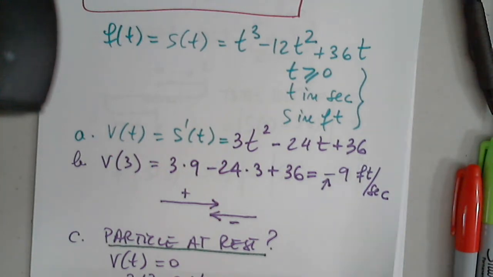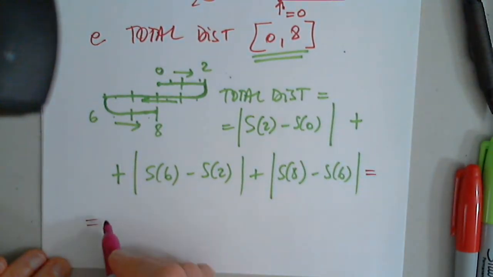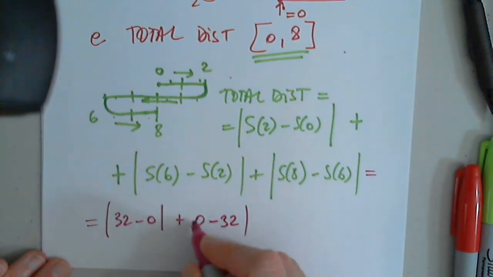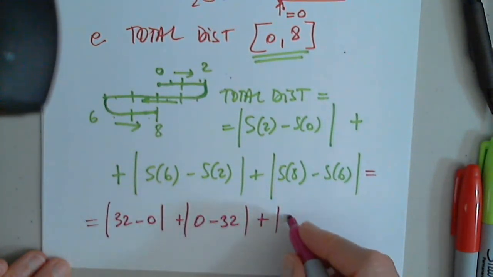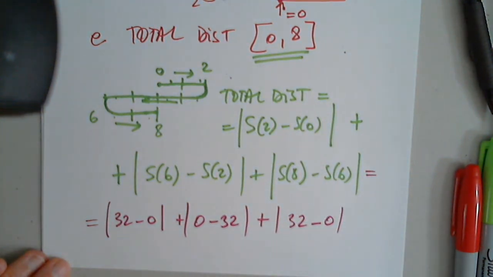And I put in all these numbers. Which numbers? 0, 2, 6, and 8. And I copy them now directly where they belong in my absolute values. So S of 2, 32 minus 0, plus S of 6, 0 minus 32, and plus S of 8, 32 minus 0. I'll stop sharing now.